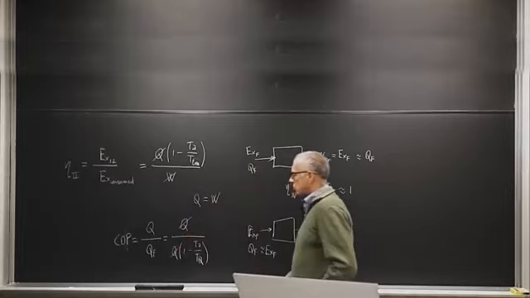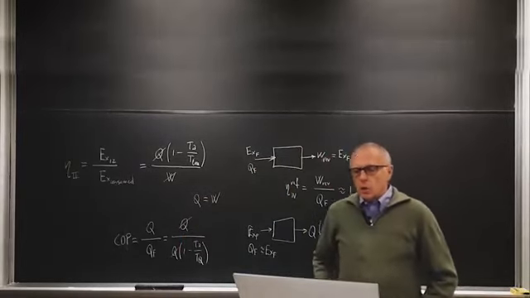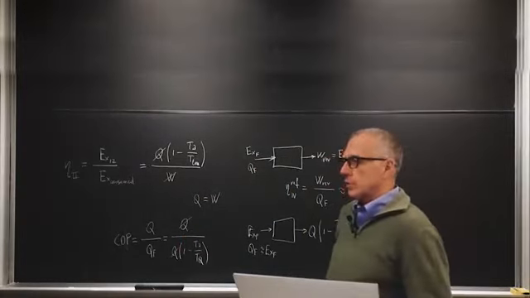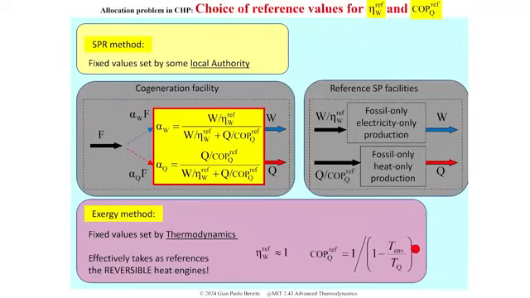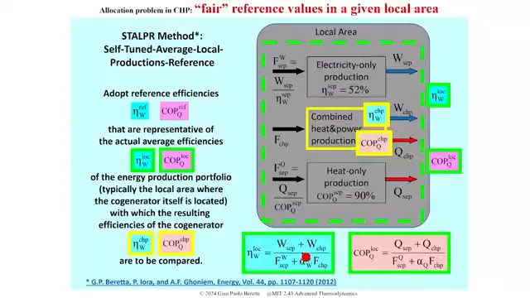Okay, so the COP is 1 over the Carnot coefficient calculated at the temperature of our heat production. So you certainly can do that. I'll give you a numerical example for this in a moment.